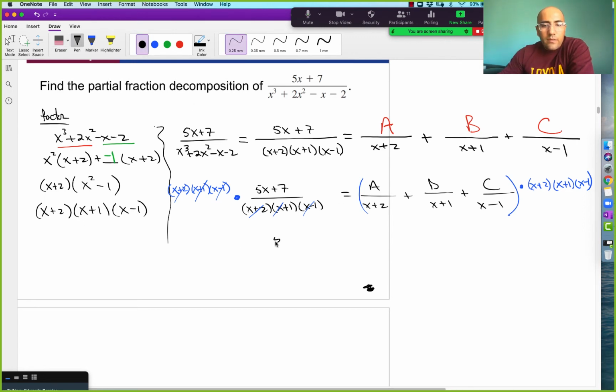Leaving me with 5x + 7 equals, and now I have to distribute all of these. Each gets multiplied into each of these fractions.